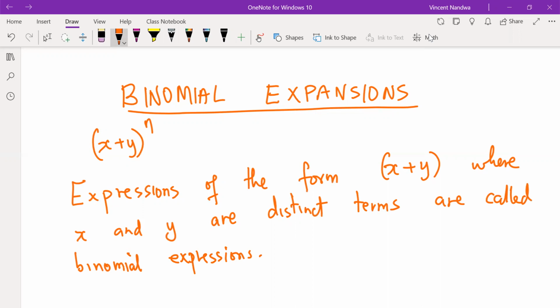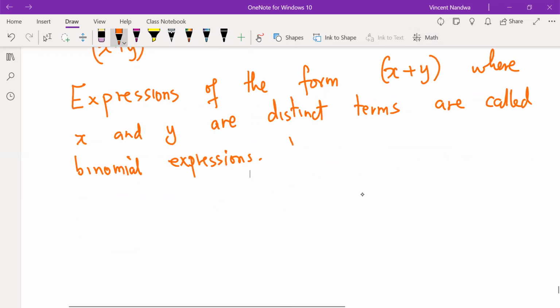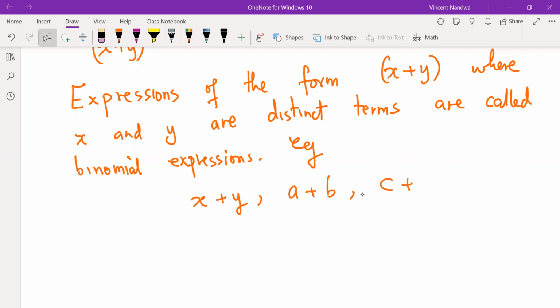For example, x plus y, a plus b, c plus d, 1 plus 2x, 3 plus 4y, a half x plus 3y, etc. are all examples of binomial expressions.